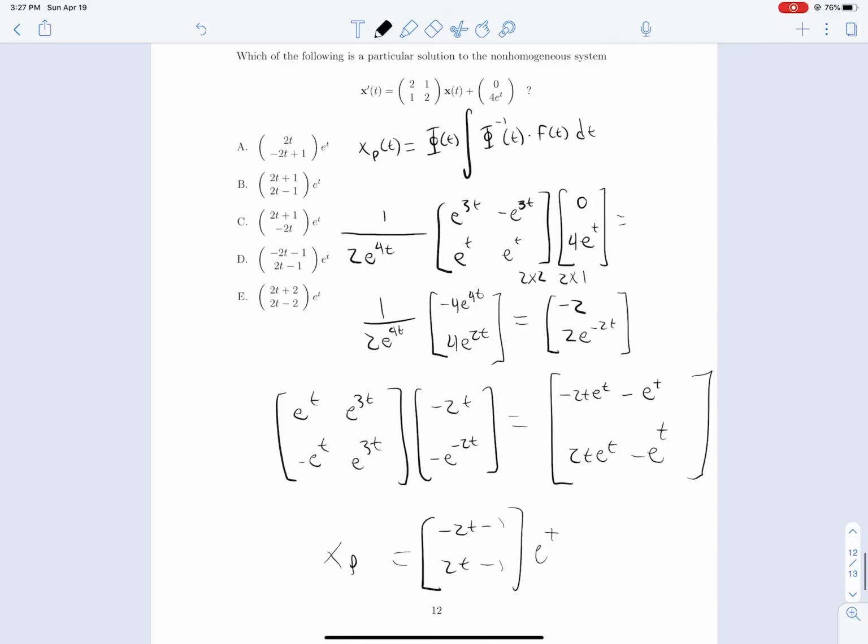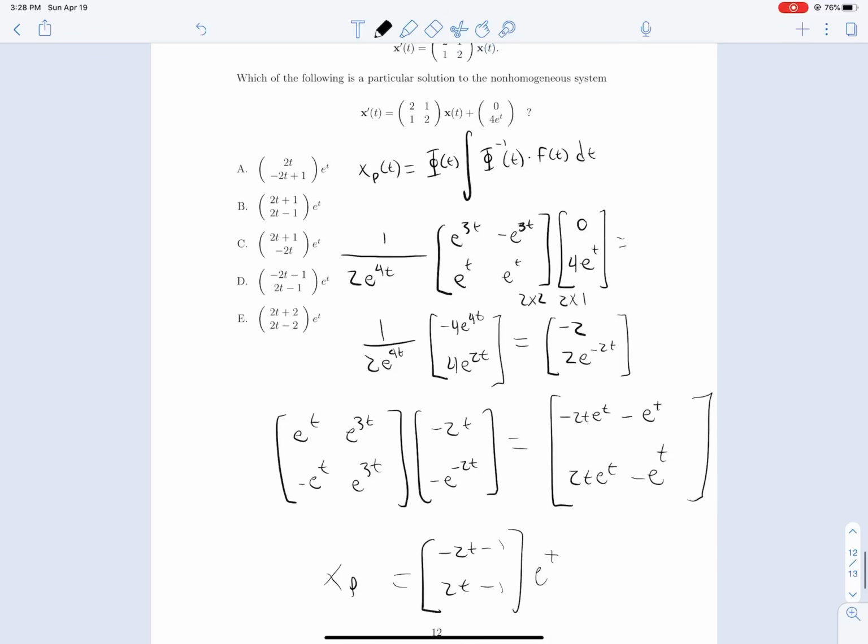This is the only time they've made us do anything with fundamental matrices on a past final in the past couple of years, although given what I've seen on midterms this semester, I think it's perfectly reasonable to see both a matrix exponentiation question, so solving for e to the at, and also one like this where we have to actually apply the fundamental matrix to find a particular solution, or even there's another formula for a solution given an initial condition.